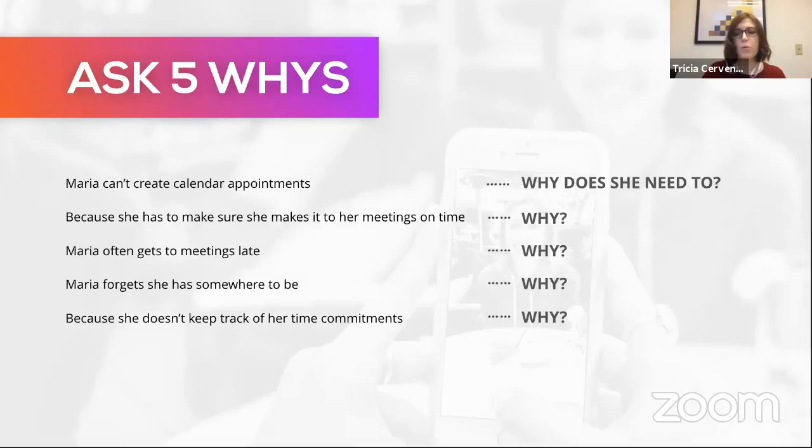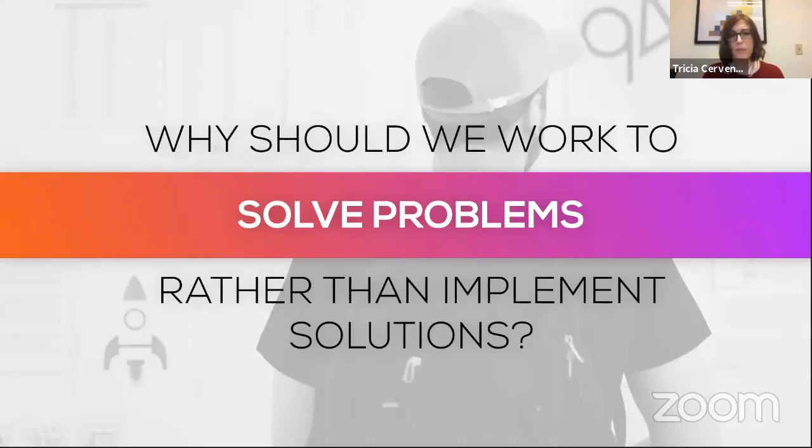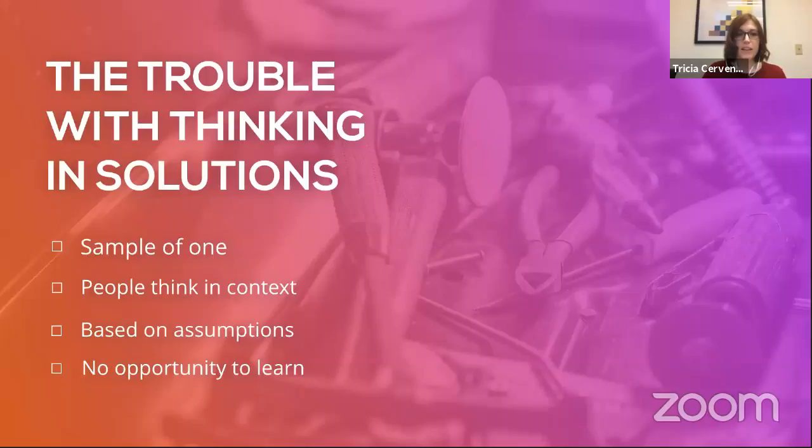And so why should we work to solve problems rather than solutions? And this really comes down to what we were just talking about, is that the reality is that people will often think in context. So they think about things, they talk about the issues that they're having within the environment that they're used to. So they're aware of calendars existing.